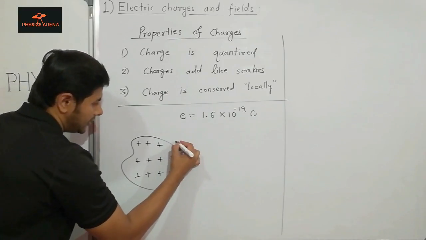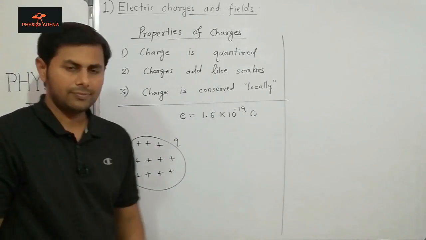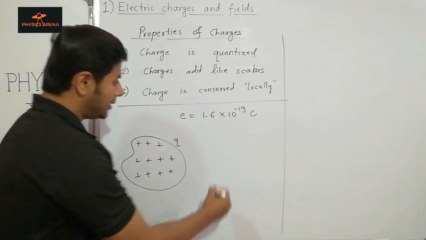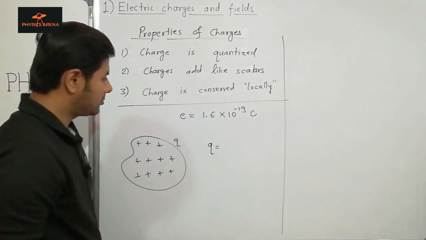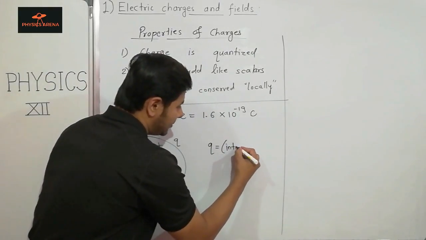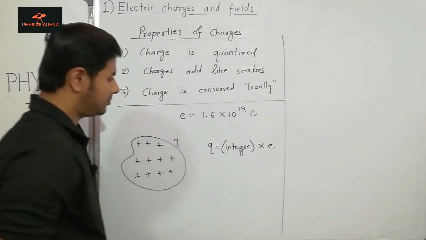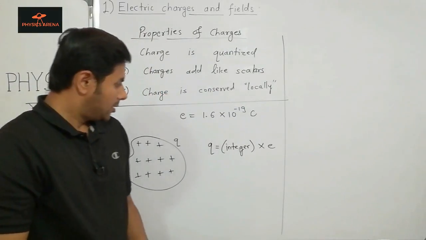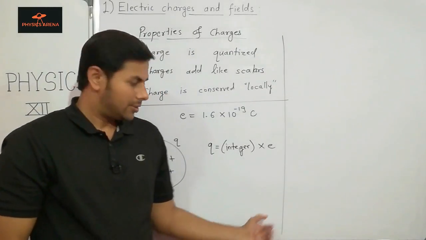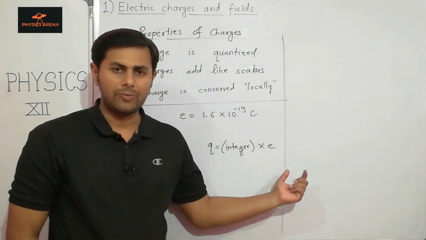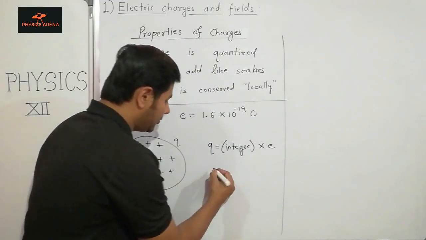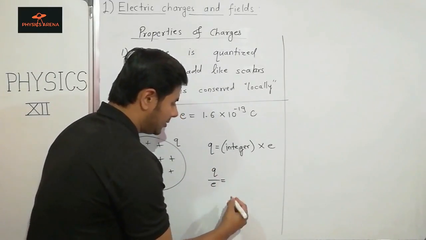Let's say the charge is equal to Q, then that Q has to be equal to some integer multiplied by E. So Q will be an integral multiple of E. That means Q divided by E will be some integer.